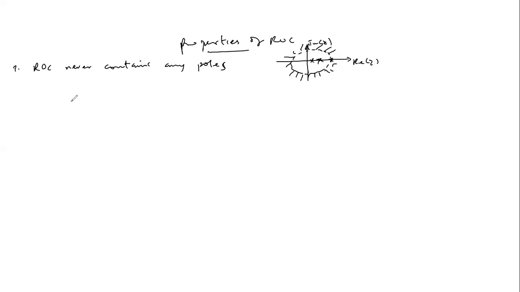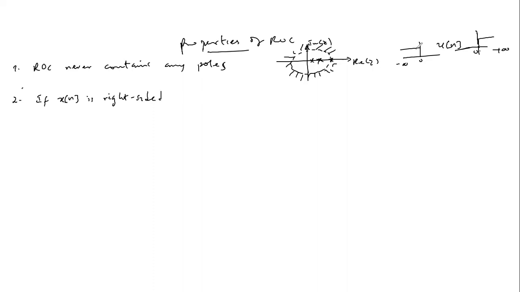Now, second point to note is that if the input sequence x of n is right-sided, like we mentioned in our previous lecture, meaning it is multiplied by a unit step function such that the negative part reduces to 0, so we have 0 to positive infinity, okay? And otherwise, we have 0 to negative infinity.